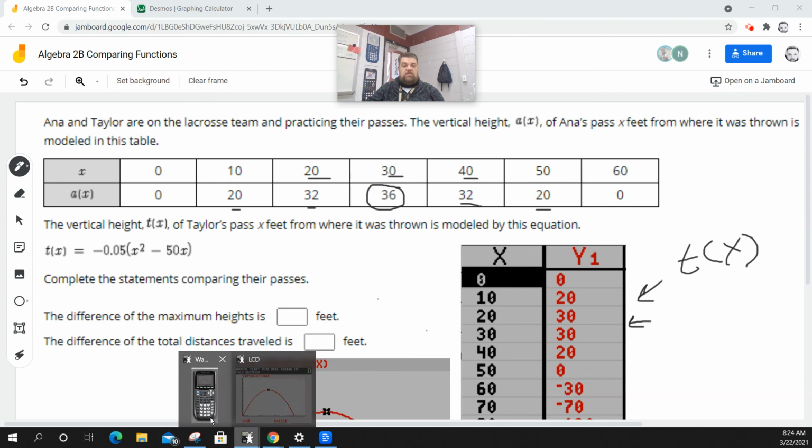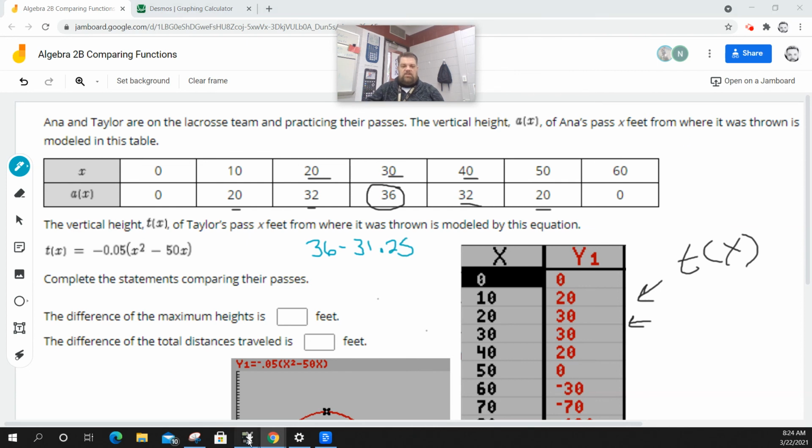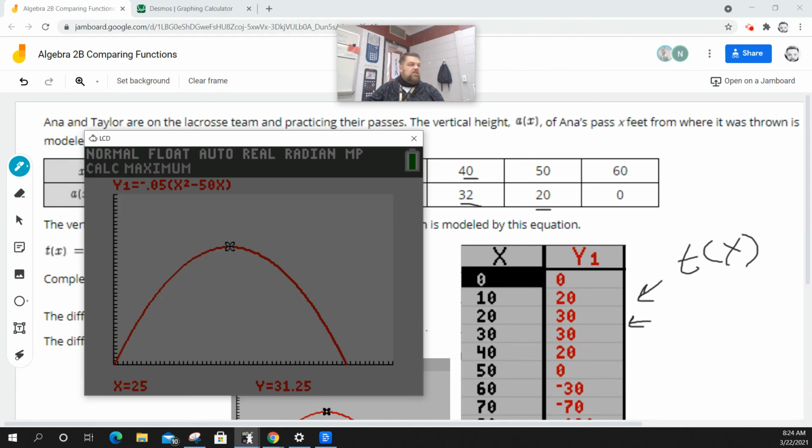So to find the answer, I'm just gonna say the difference in the maximum height is 36 minus 31.25. Okay. So what is that? 4.75, I think. Let me do it on the calculator and we'll double check.